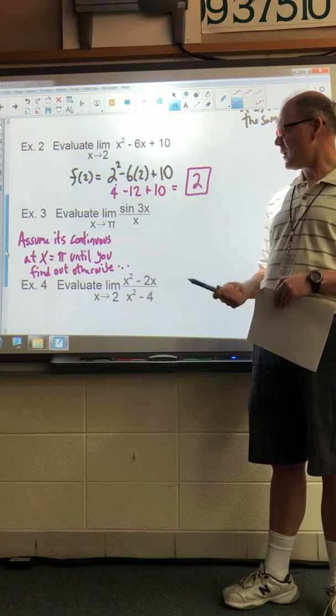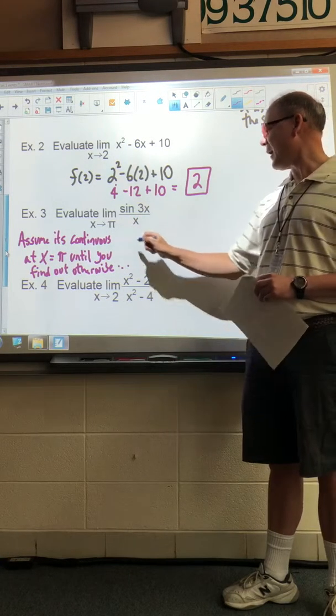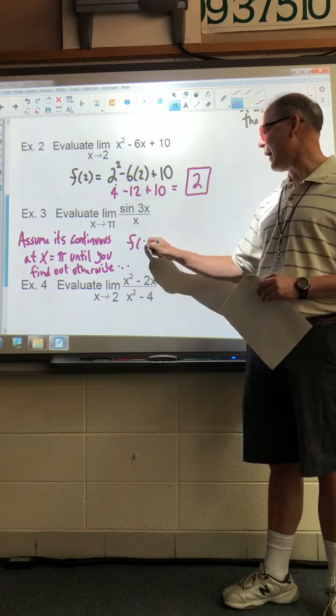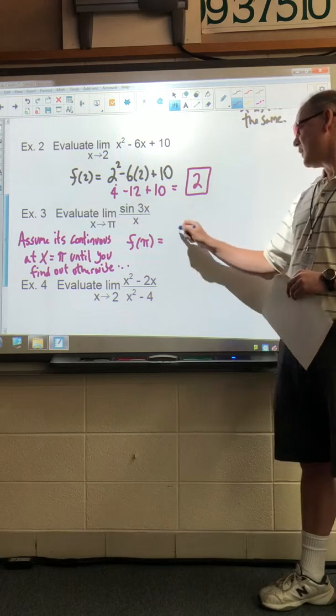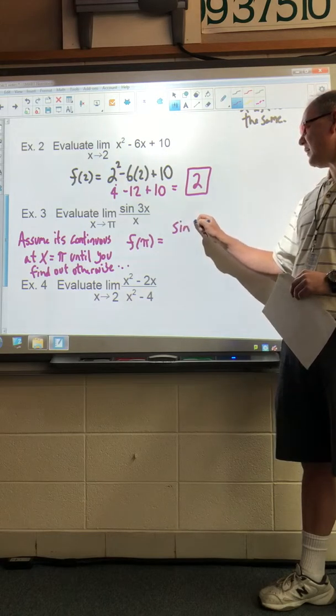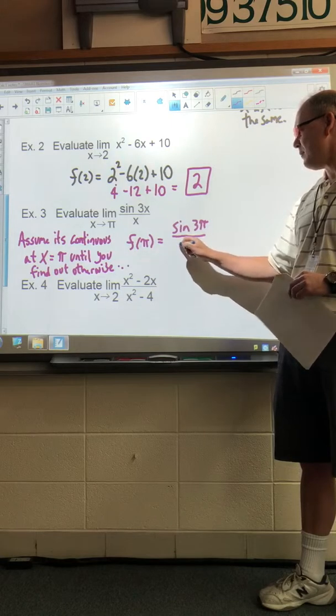So if I'm assuming it's continuous at x equals pi, then I'm just going to plug in pi for x. So that would give me the sine of 3 pi over pi.